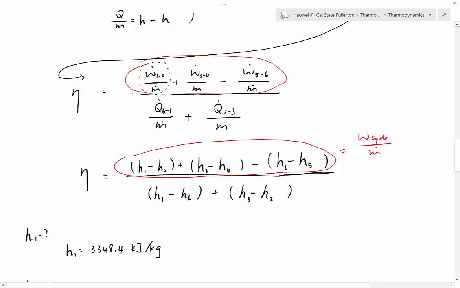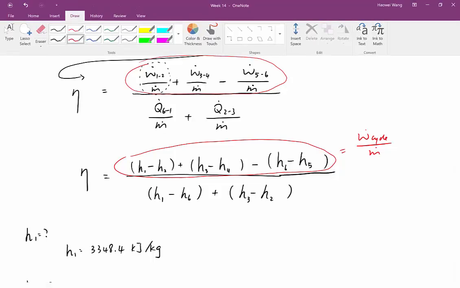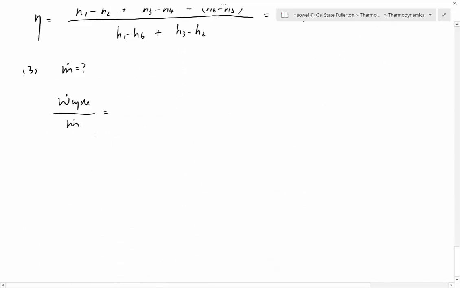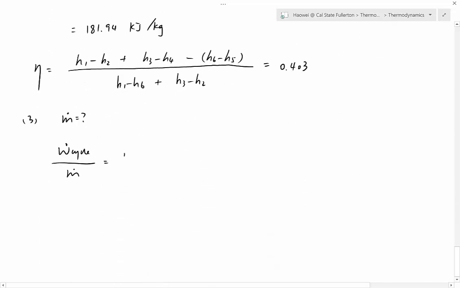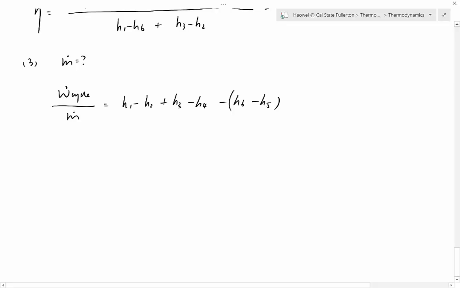So we can just copy the numerator alone this time, which is H1 minus H2 plus H3 minus H4 minus H6 minus H5. Okay, so now rearrange this equation. Move mass flow rate alone to the left-hand side. The right-hand side becomes W dot cycle over the whole thing, H1 minus H2 plus H3 minus H4 minus H6 plus H5. And we have everything on the right-hand side.